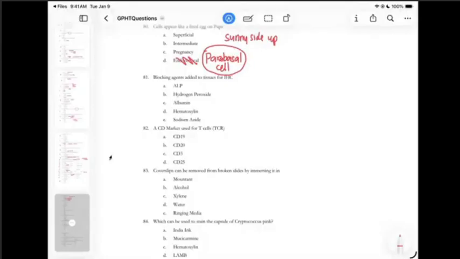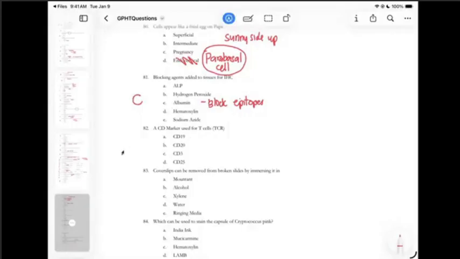So those that are not necessary or not needed for the experiment, for the test, binablock natin yan. So para hindi mag-bind kung saan-saan yung antibody. And we use the blocking agent, albumin. So we use albumin. So to block the epitopes, the other epitopes na hindi kailangan sa reaction.